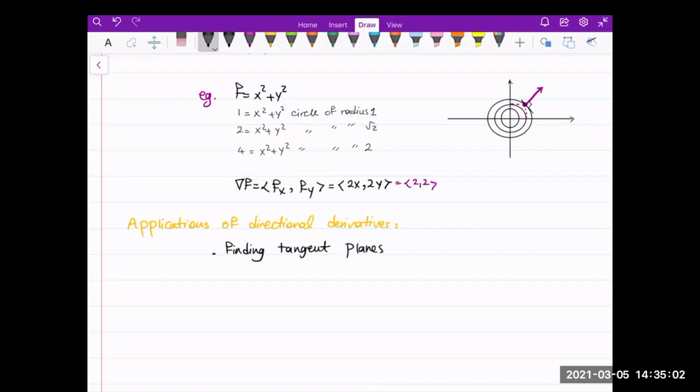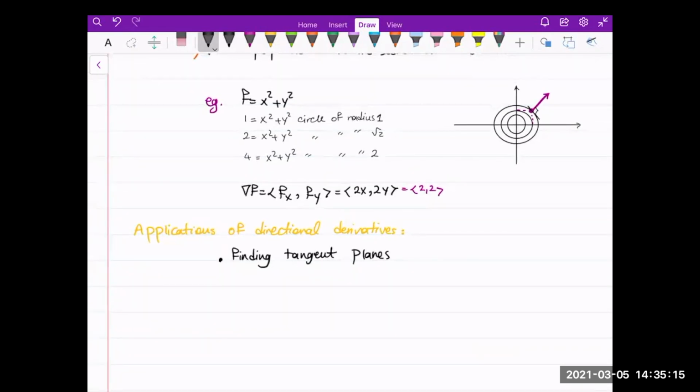If we have a surface in space, for a tangent plane we need a normal vector. And the normal vector here would be the gradient of f.